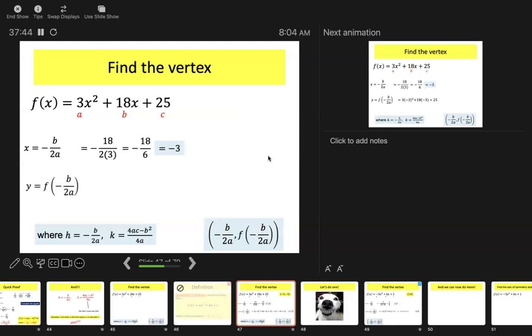So I'm just plugging that into that value right there. So that was 27 minus 54 plus 25. 27 and 25 is 52. 52 minus 54 is -2, and you're done. So there's your H and K, there's your vertex, which matches what we got before, for those of you that are paying attention.